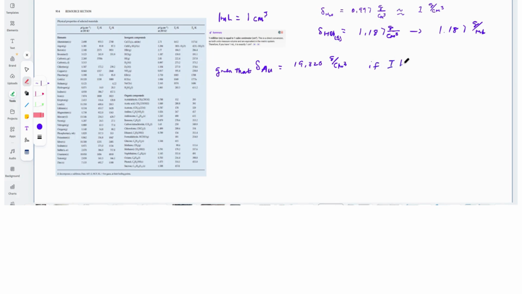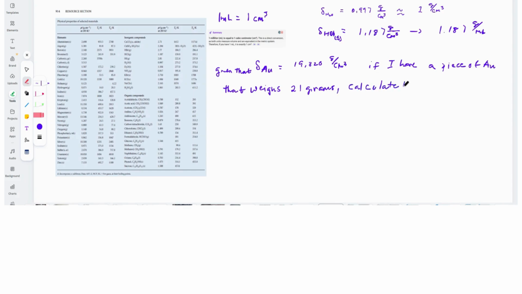If I have a piece of gold that weighs, let's say, 21 grams, calculate the volume of the gold piece.